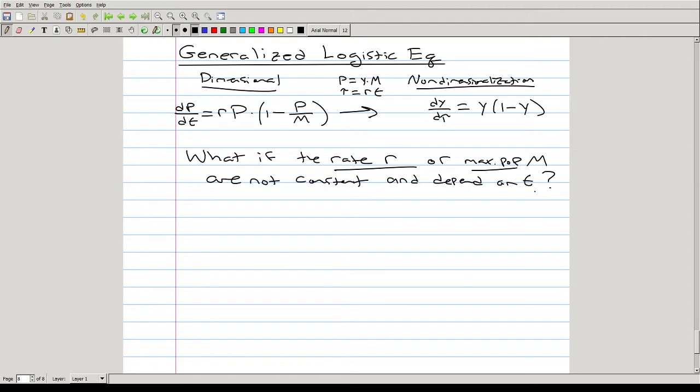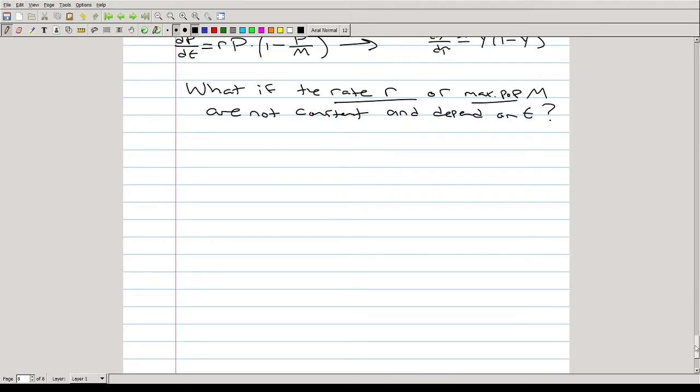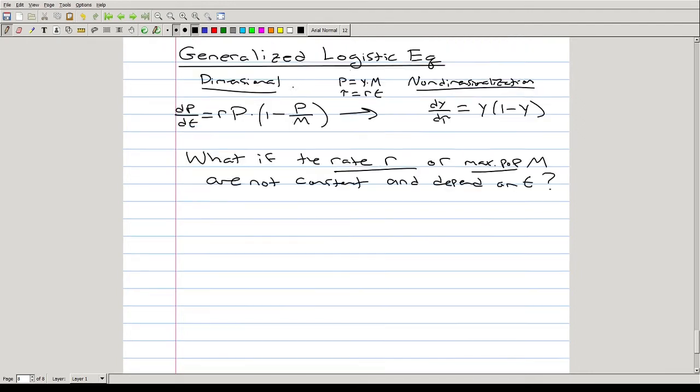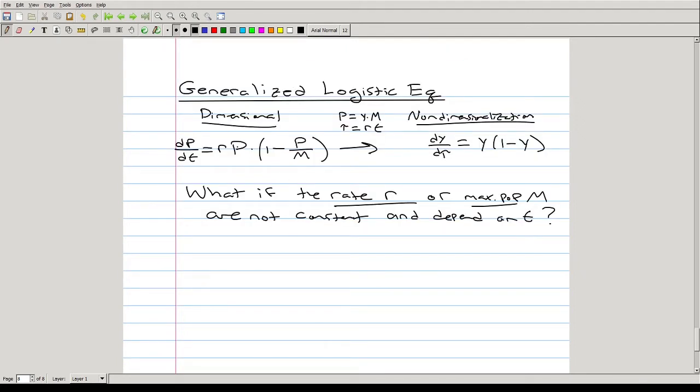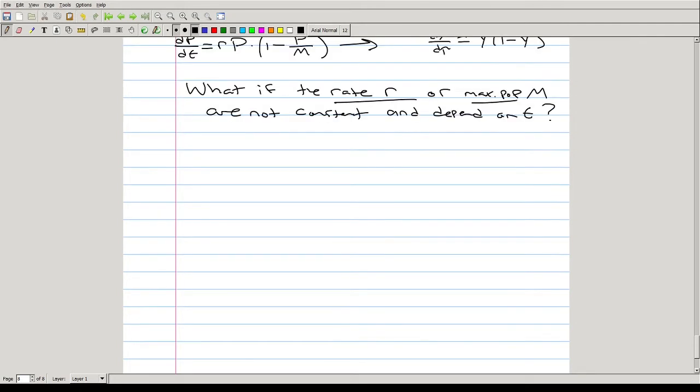How to deal with this scenario? This means that this differential equation, a nonlinear autonomous differential equation, will now become a non-autonomous nonlinear differential equation.